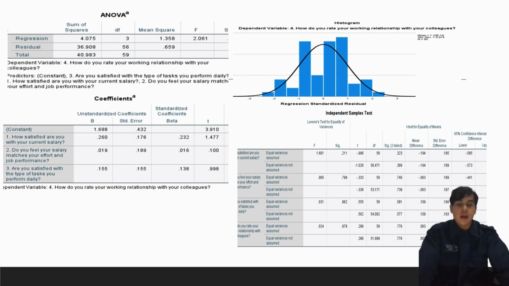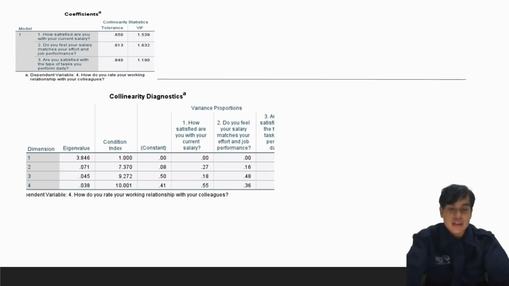Reliability statistic. The Cronbach's alpha shows 0.656, below 0.7 and above 0.6. Model summary. We count the R value and R square that show 0.099. For ANOVA, the significance result shows 0.116, greater than the critical line 0.05.